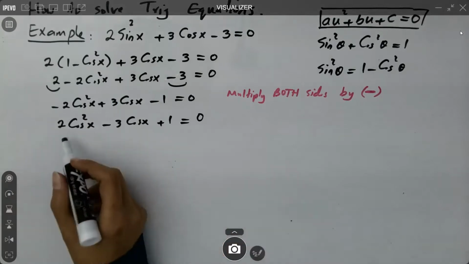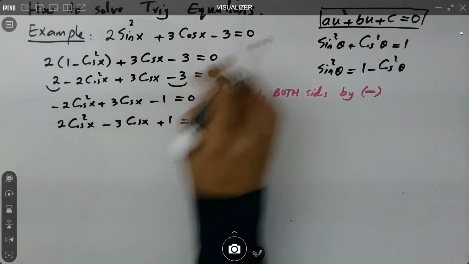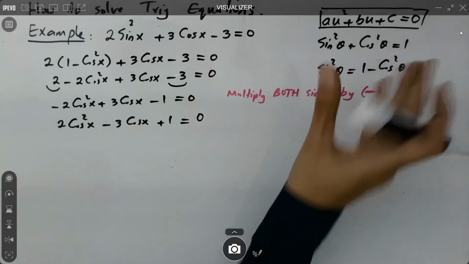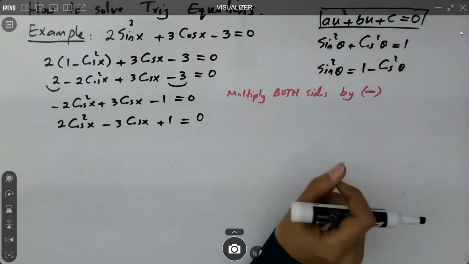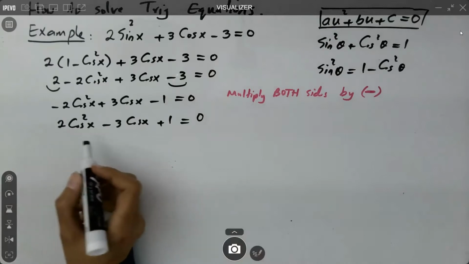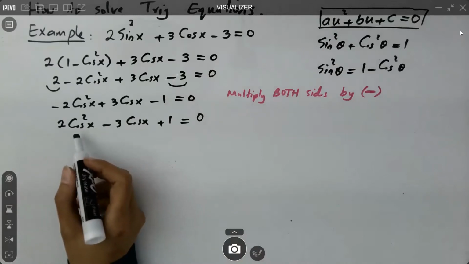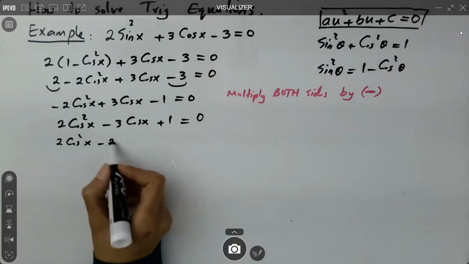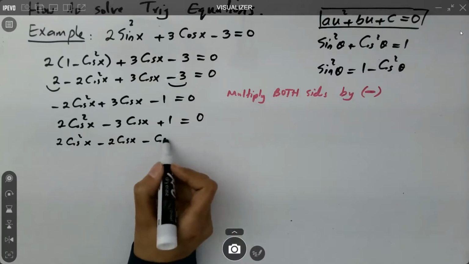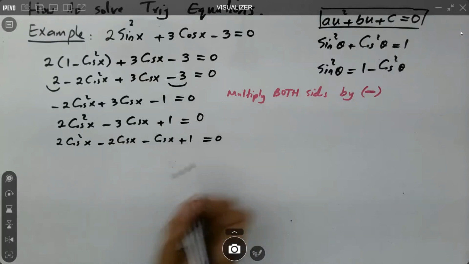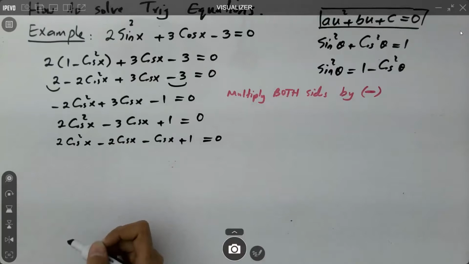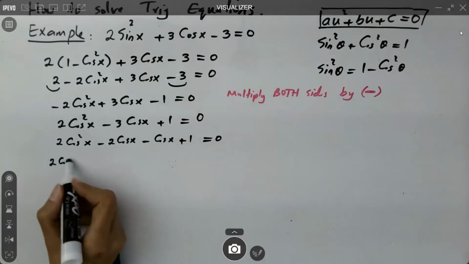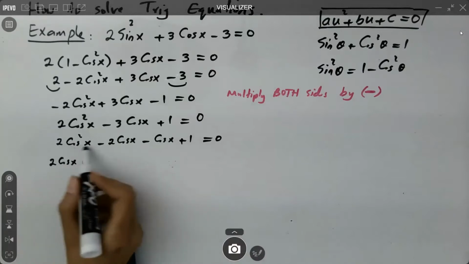Well, now I can compare this with a quadratic equation that I saw before. From algebra, I learned how to write this guy in factor form. Well, what you can do, you can either use grouping method or using quadratic formula. You get 2 cosine squared of x minus 2 cosine of x minus cosine x plus 1 equal to 0. So take a look at this. If I factor out 2 cosine, I get 2 cosine of x, and what's left?